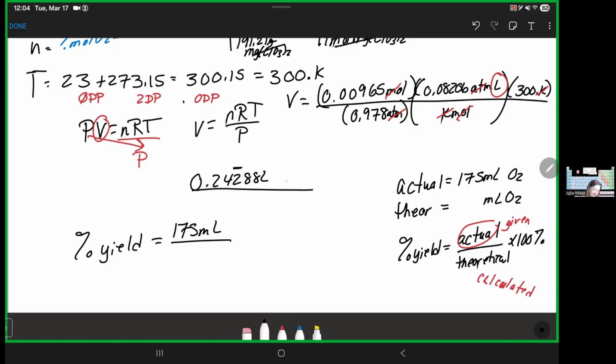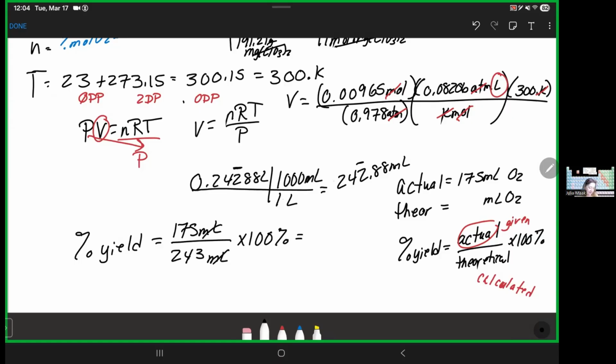So we need to turn that into milliliters. I've got 242.88 milliliters, and I rounded it when I did my math. It's 3 sig figs, so I put 243 milliliters times 100%.